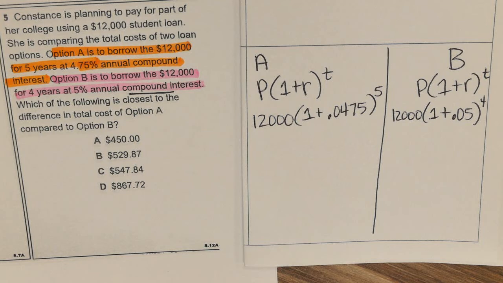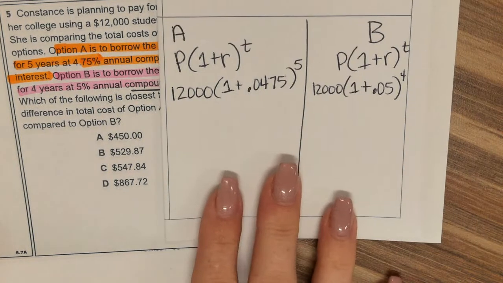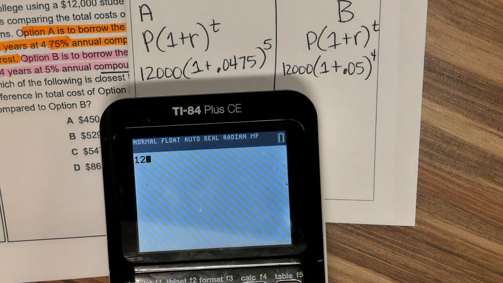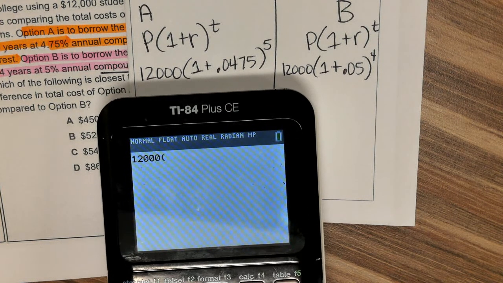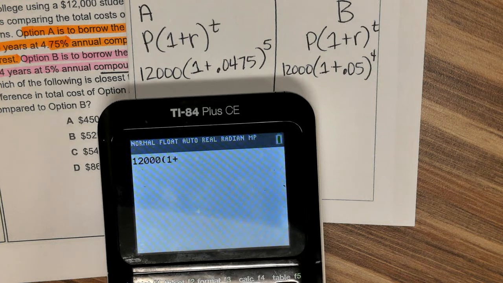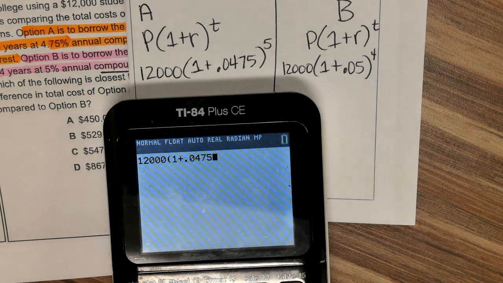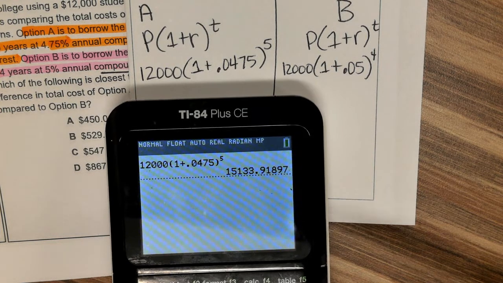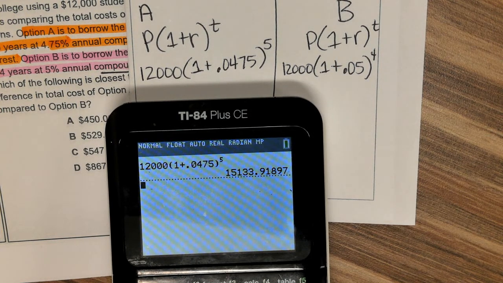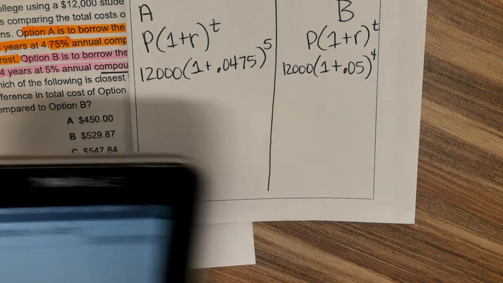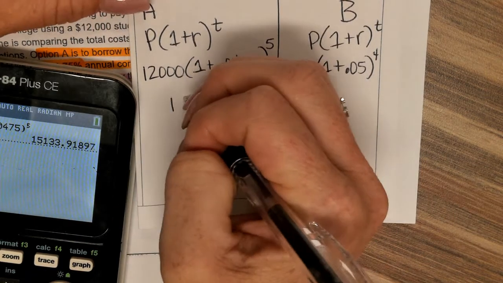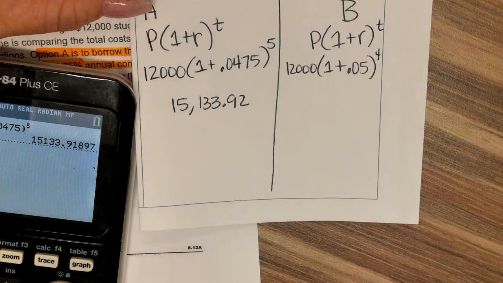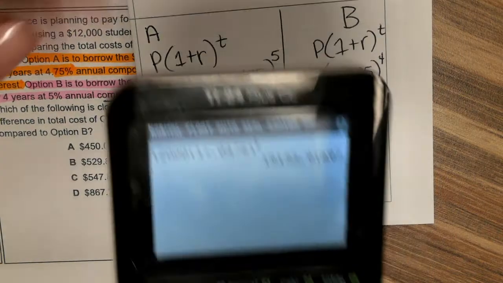Super easy. All you got to do is write stuff down. Now my calculator is going to do all the work. So here we go. Option A, 12,000, open parentheses, 1 plus 0.0475, close parentheses, to the 5th power. And I'm going to write that down, but I'm going to make it look like money. $15,133.92.